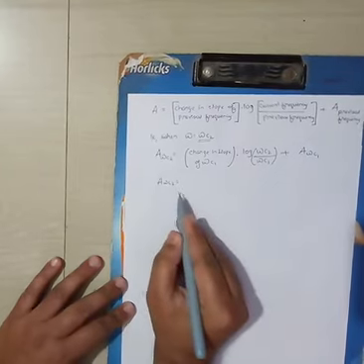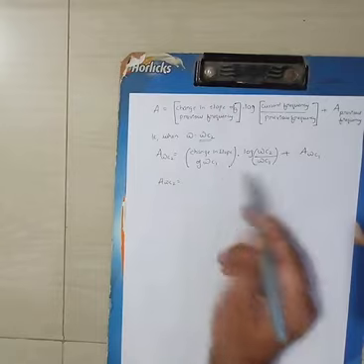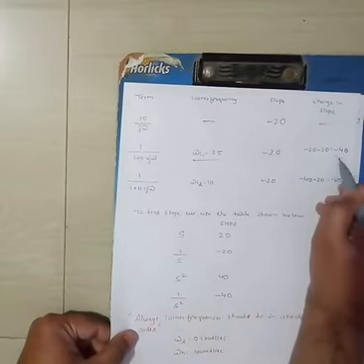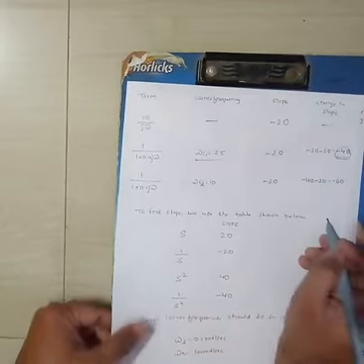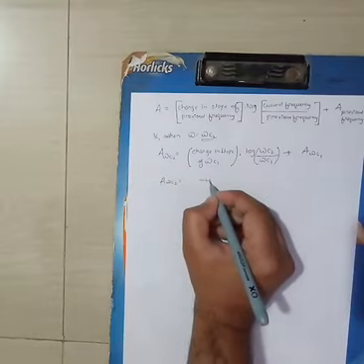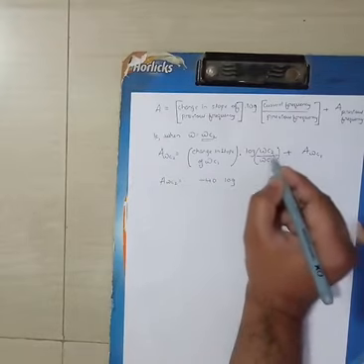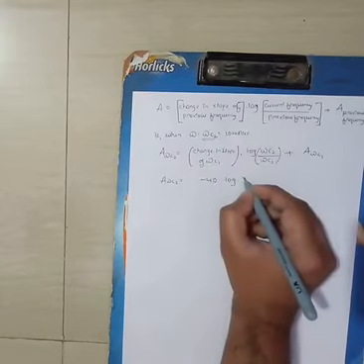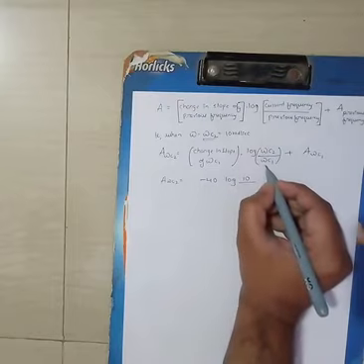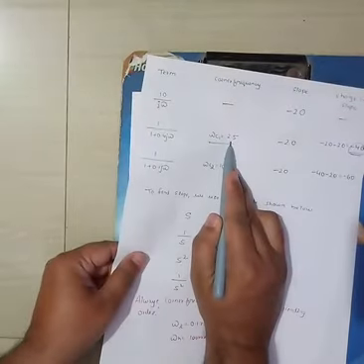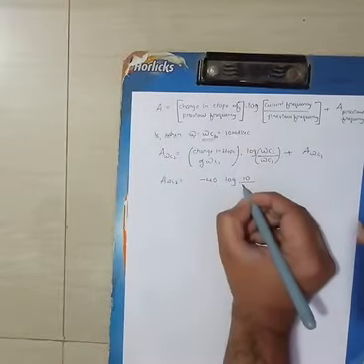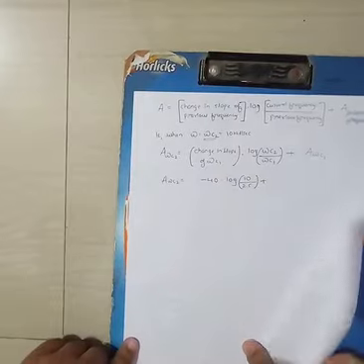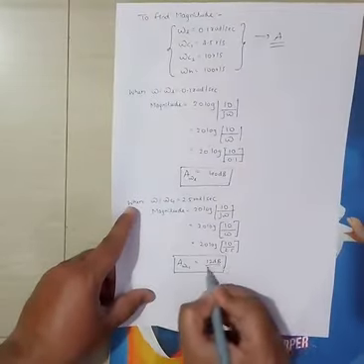So A of omega C2 will be equal to change in slope of omega C1. According to the table which we had considered, change in slope of omega C1 was minus 40 decibels. So we'll consider minus 40 into log of omega C2, whose value is 10 radians per second, divided by the previous omega C1 value of 2.5 radians per second, plus A of omega C1, the previous amplitude, which was 12 decibels.